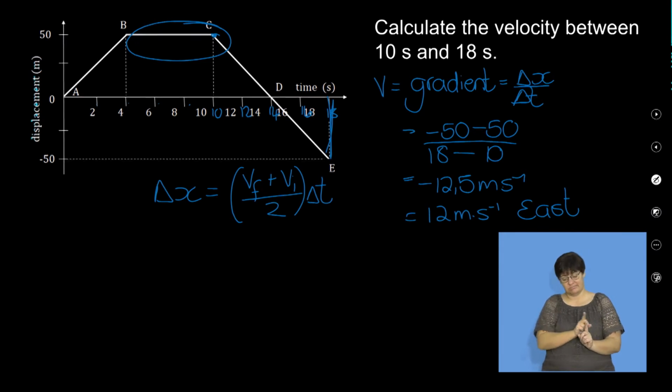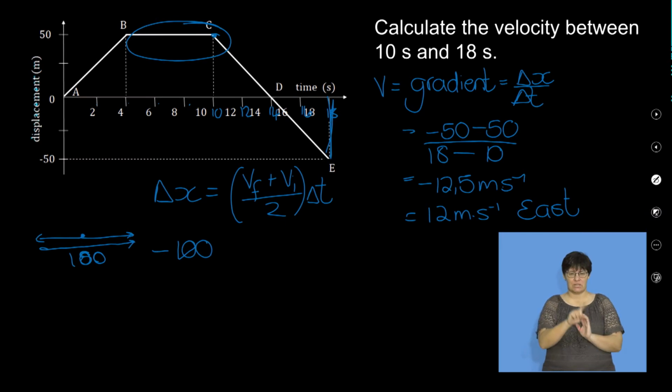So if I had to draw it, here's where it starts, he was there, then he went there. So his displacement is 100 east. In other words, this is minus 100. Okay?